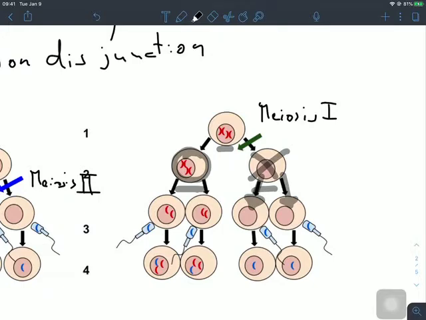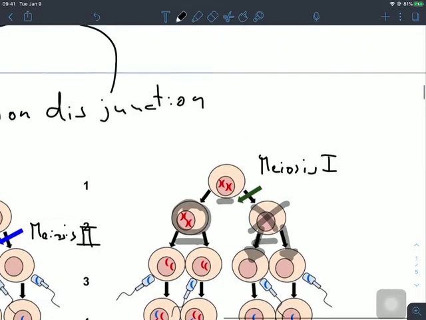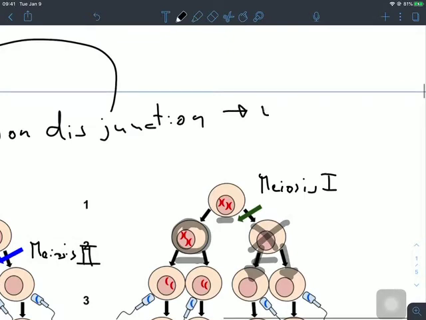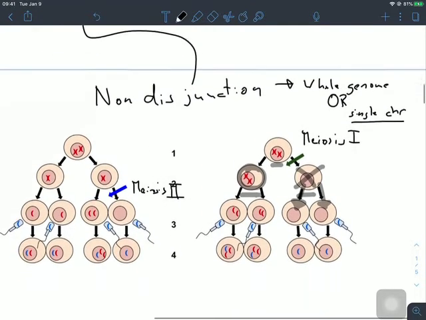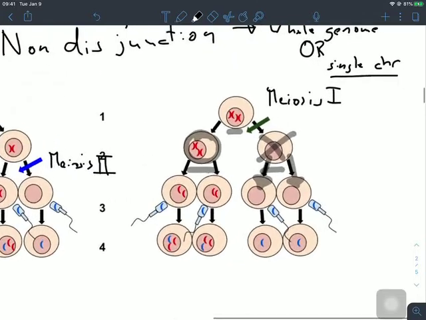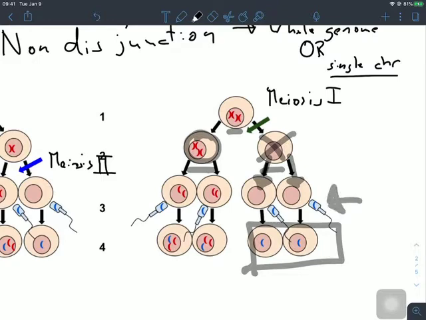You can get non-disjunction at individual chromosomes. So it's either whole genome or single chromosomes. And there are cases of both of these things occurring. These gametes that then fuse with sperm, which are indicated by our tiny little capsules there, these will not be viable.